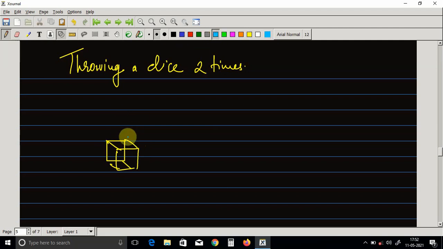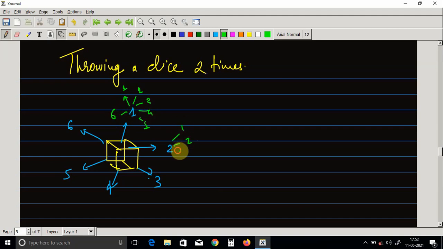On the first throw I'll get 1, 2, 3, or 4 or 5 or 6. This is my first outcome. And on the second throw, irrespective of the outcome on the first throw, you have to throw the dice again. So on every throw you have to make these 1, 2, 3, 4, 5 and 6.